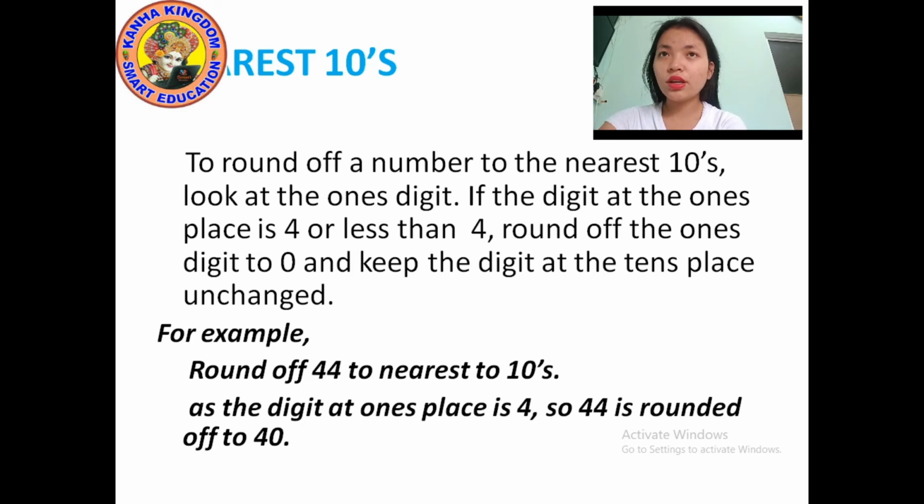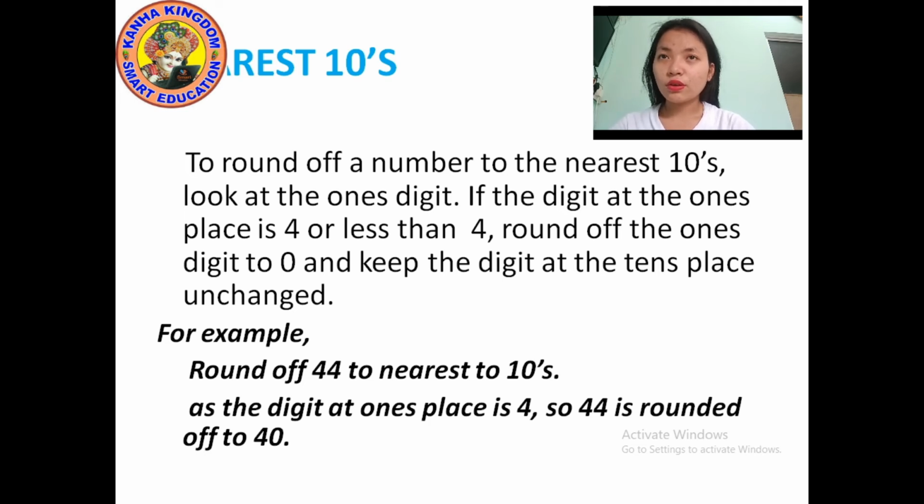Okay, dear student. Now, for example, rounding off 44 to the nearest 10. What I said, that you have to look at the ones place first. See, ones place is 4. That means if the digit at the ones place is 4 or less than 4, then you have to round off the ones digit to 0, and you have to keep the tens place unchanged.